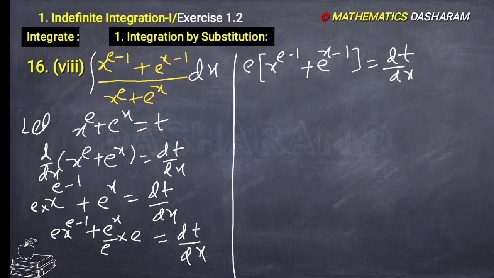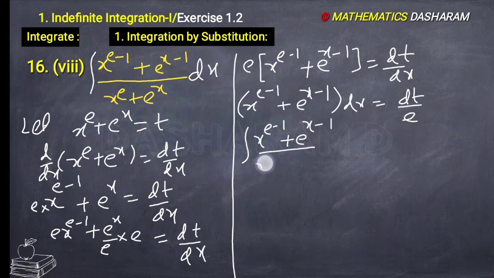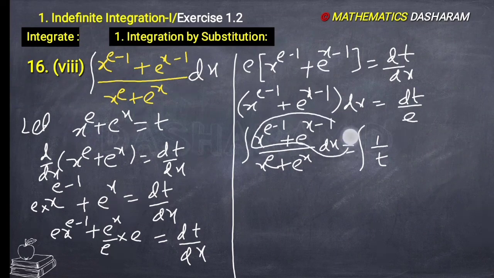So now x to the power of e minus 1 plus e to the power of x minus 1 into dx, and e transposes to the right side by e. So now the integration of x to the power of e minus 1 plus e to the power of x minus 1 divided by x to the power of e plus e to the power of x dx equals integration of 1 by this value selected as t, and this value is equal to dt by e.